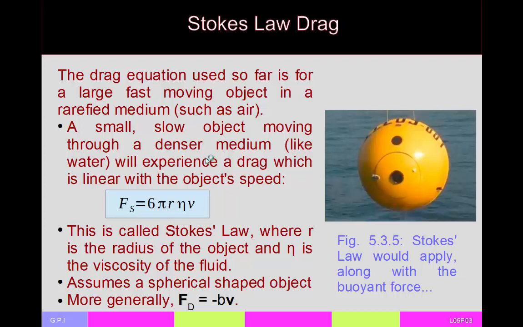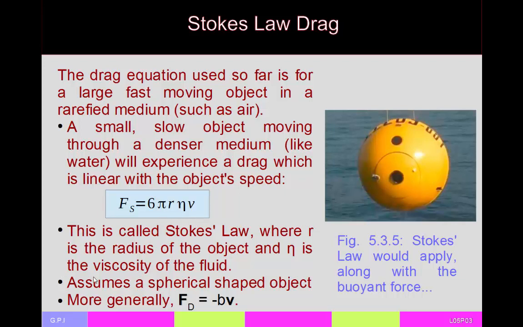Note that this is more akin to something like this metal ball falling through water, because the metal ball has a density that is not many times the density of water. In fact, it may only barely exceed water depending upon what you have inside of the metal ball. It may in fact be less than the density of water.